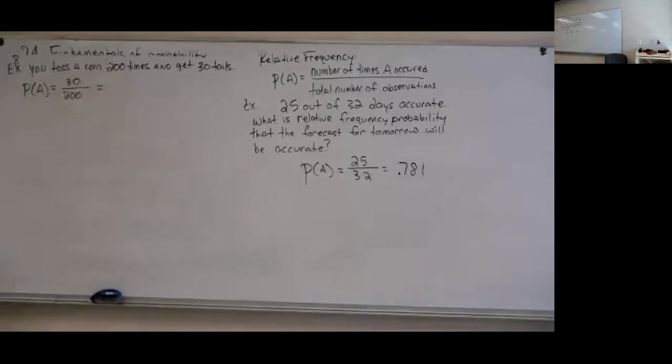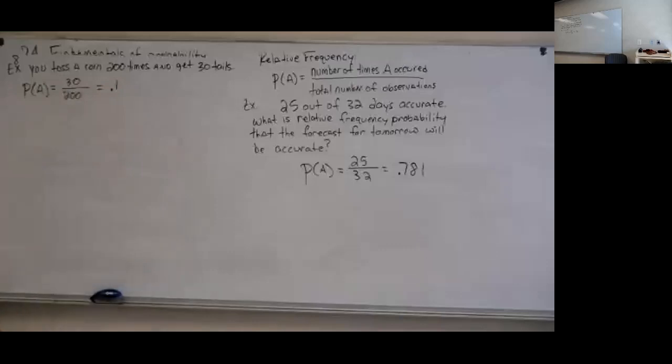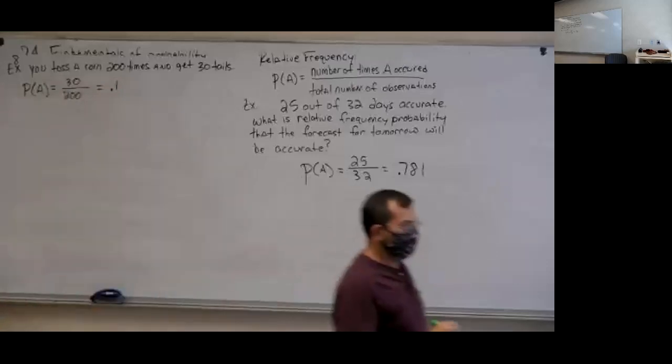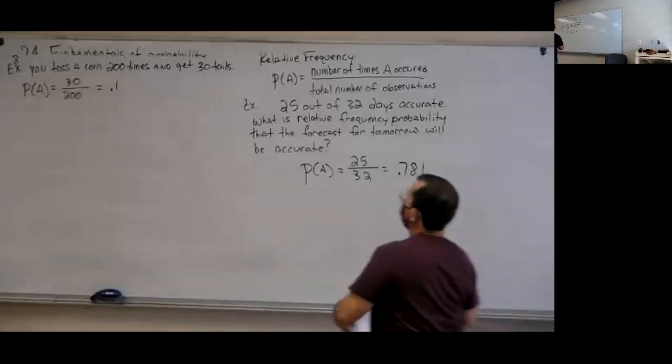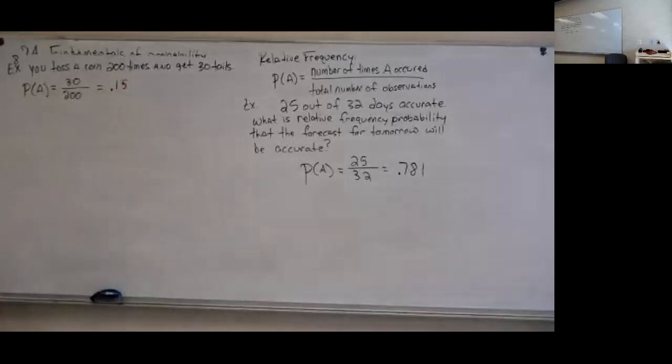So divide that out, I think I'm getting 0.1 something. 30 divided by 200. Let's see. Oh, 0.15. Okay. So that would be my A, right? So that'd be part A. We were finding the relative frequency.